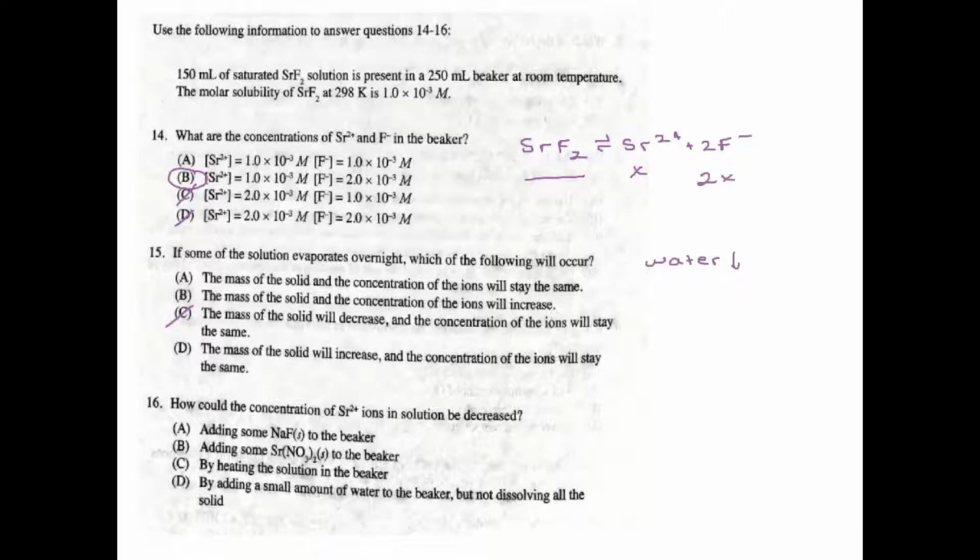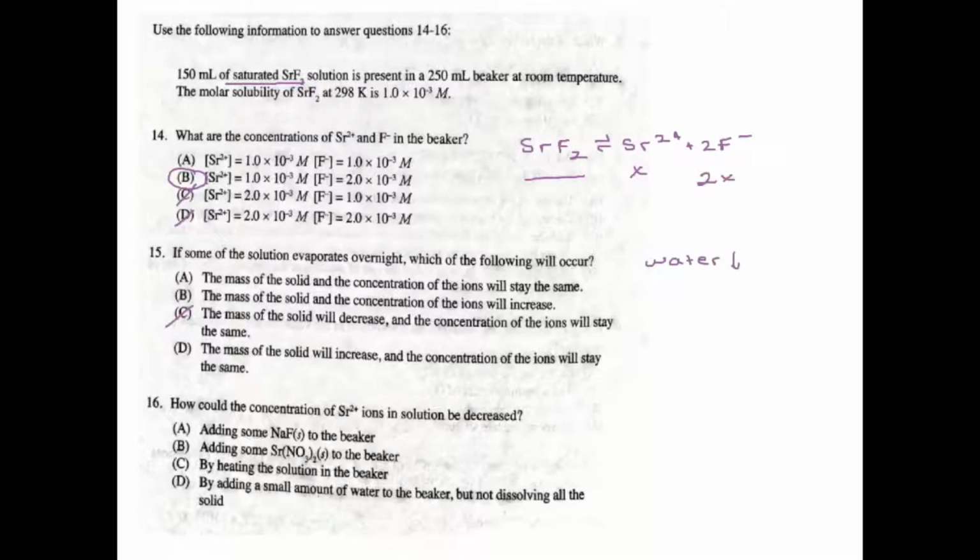But keep in mind, if a solution is saturated, what that means is it has the maximum amount of ions dissolved as possible. So the concentration, when it is saturated, will always be 1 times 10 to the negative third and 2 times 10 to the negative third. So since you're losing water, more solid will form, but the concentration of ions in the solution is going to be the same.